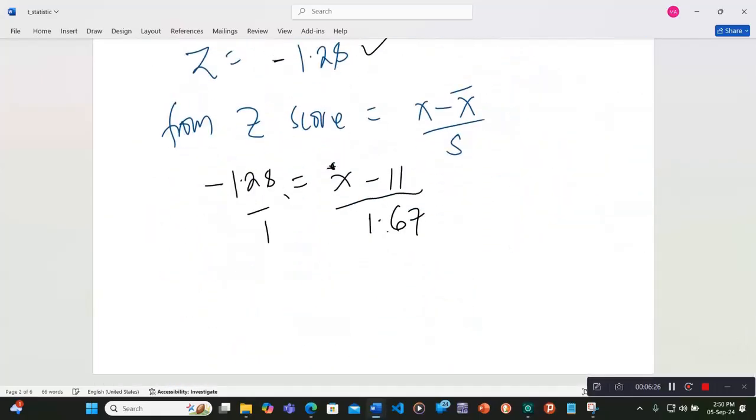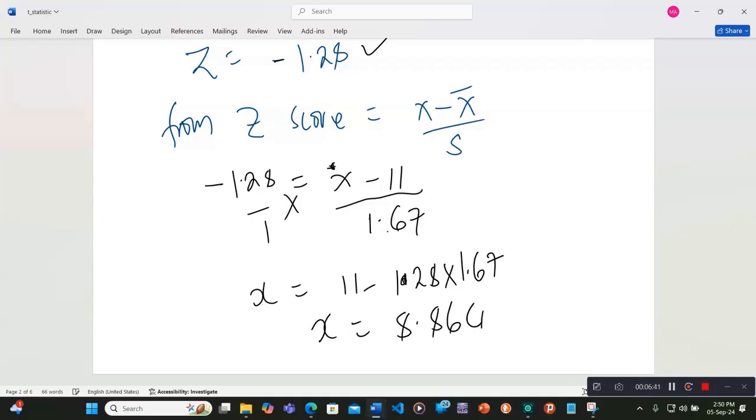So we cross multiply, and we shall have x equal to 11 minus 1.28 times 1.67. We shall find that our x is 8.86 centimeters.